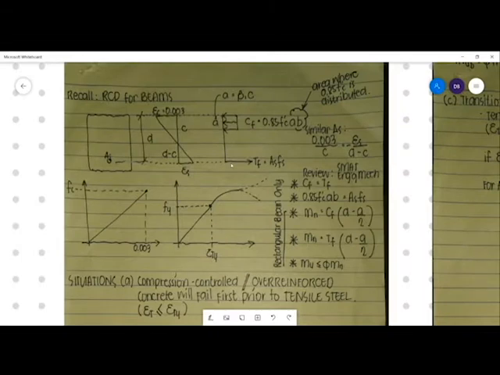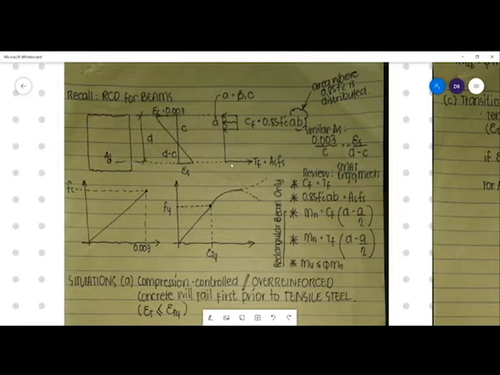Okay, so let's say we have a beam. We're going back to what we've learned from reinforced concrete design, in order to see how we are going to check if our design footing is adequate against bending moment.